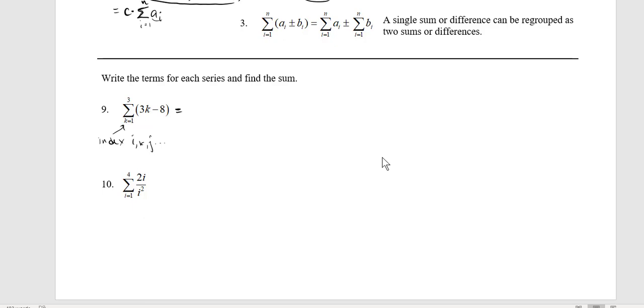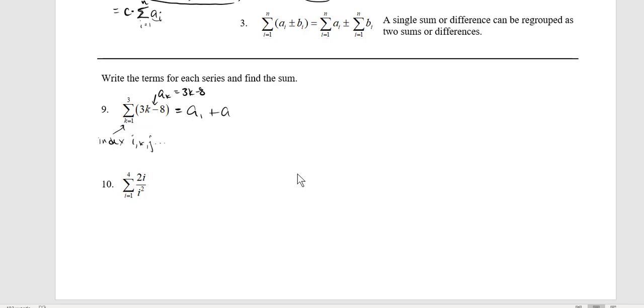It's the positioning and the relationships of these symbolically that makes it important. Call it whatever you want. Whatever letter is here should be the same one that we see the sequence terms expressed in terms of. Right here we're just saying our a_k equals 3k minus 8. That's our formula for the kth term. And this is telling us add it up, for k equals 1 through 3.